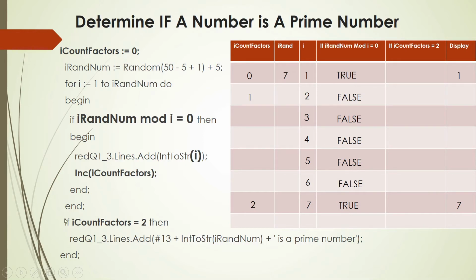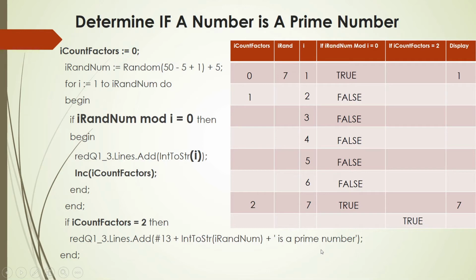I'm now out of the loop and I'm checking if I count factors is equal to 2. I'm checking this variable. Is this I count factors equal to 2? True. If that condition is true, I then display that the random number generated is a prime number.